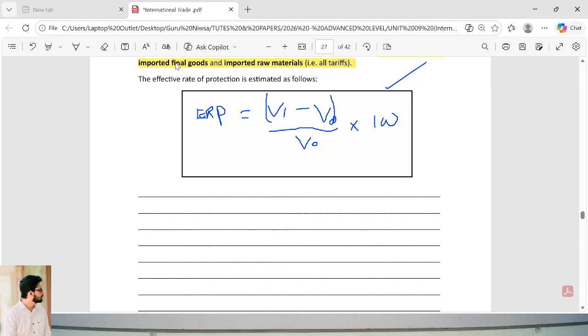Right, write down the first one in the bracket, dotted line given, and write down ERP means effective rate of protection.